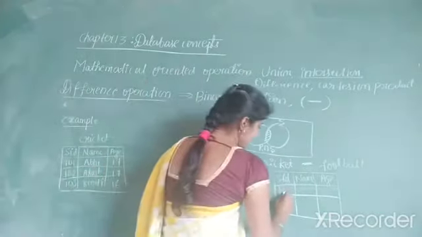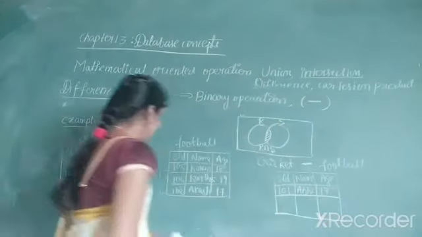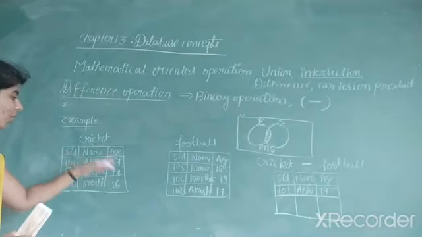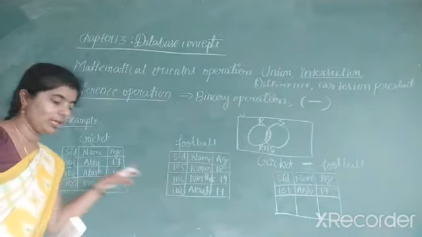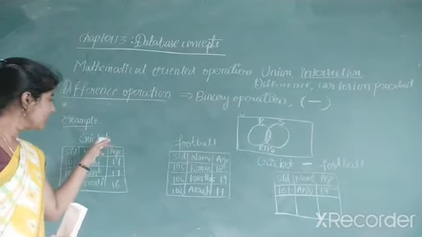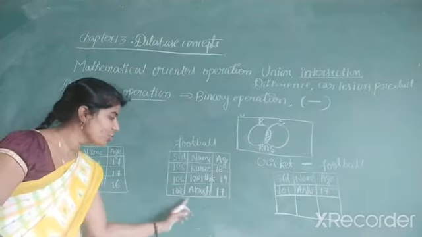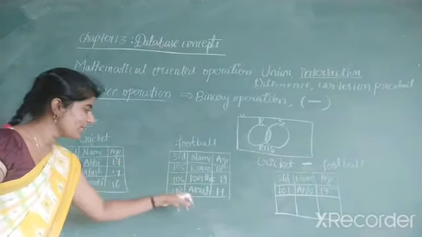This is displayed in the output: 101 Abhi 17. And you observe here 102 Akash 17 is a common tuple. It is present in both cricket and football. Since we are performing cricket minus football, it removes this tuple because it is present in football.